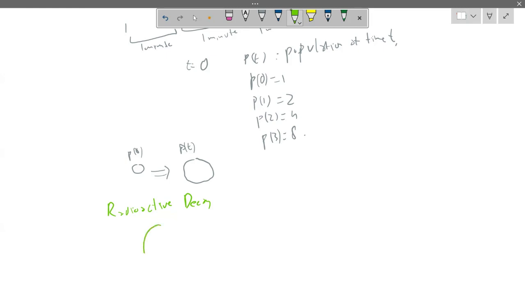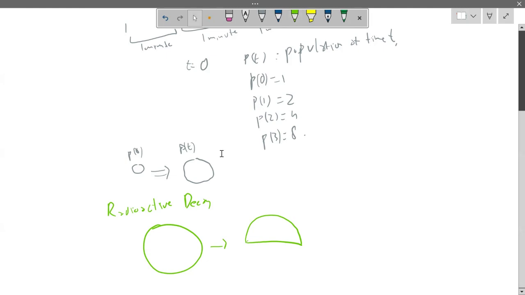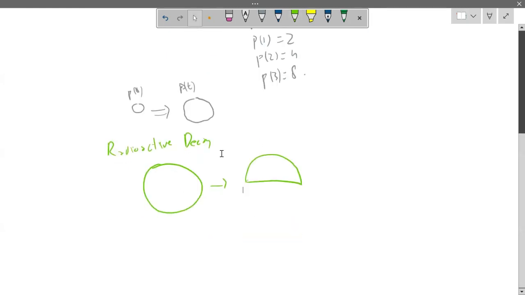So radioactive matter decays, as in their mass or their amount will be cut in half after a certain amount of time. So let's say you initially had this whole circle of radioactive matter, say uranium. Let's just assume this substance undergoes something called radioactive decay and has its mass cut in half after 1 minute.